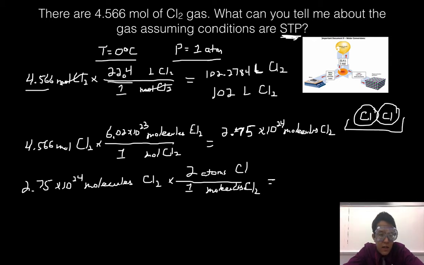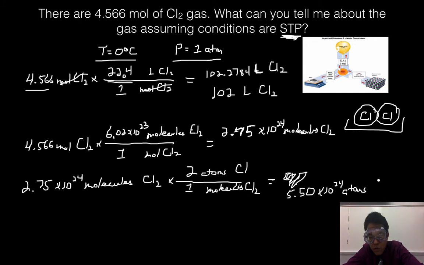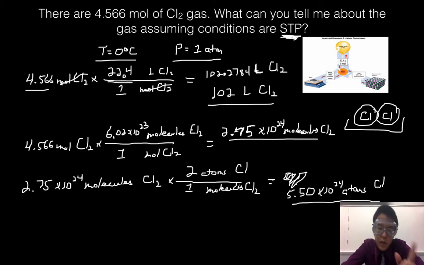So I just have to double this, and that gives me 5.50 times 10 to the 24th atoms of Cl. Okay, and there we go. So now I figured out how many atoms, how many molecules, and how many liters. I have one more quantity I can convert to, which is the mass.